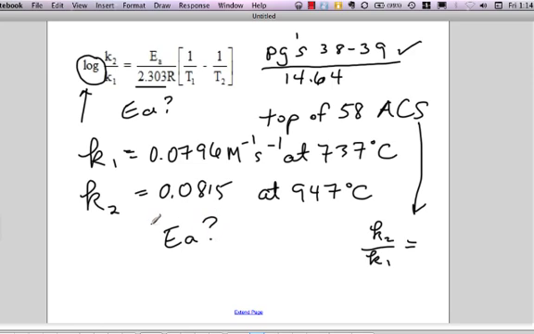All right, so let's plug our numbers in for the problem in the book, and you'll see this is pretty much a plug and chug.